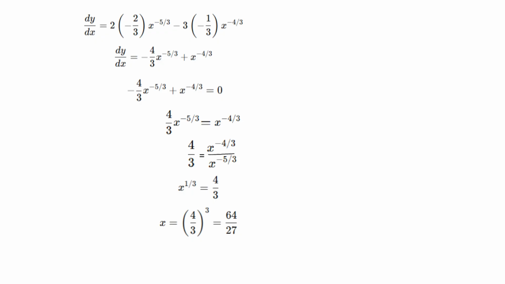To find the corresponding y value, substitute the x value in the equation of the curve. Y is equal to 2 times 64 divided by 27 raised to the power minus 2 over 3, minus 3 times 64 divided by 27 raised to the power negative 1 over 3, plus 1.